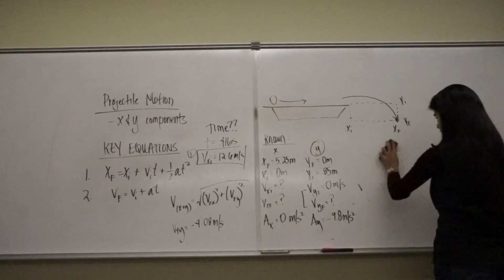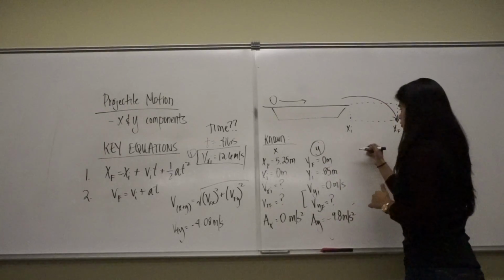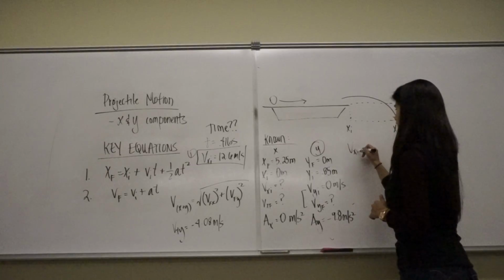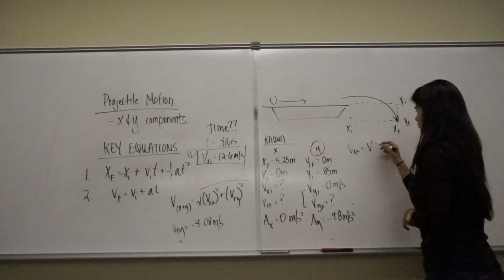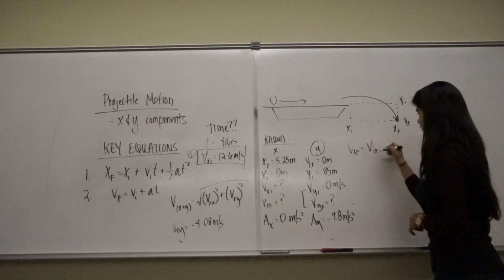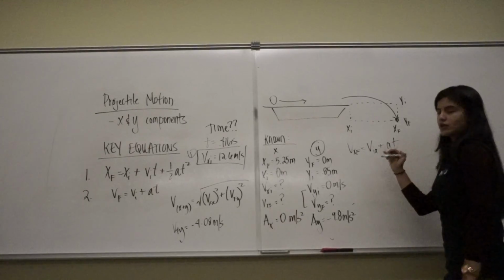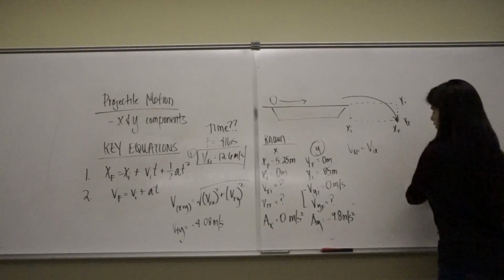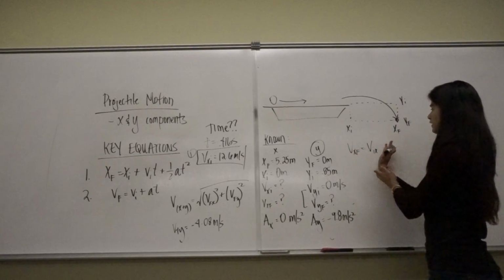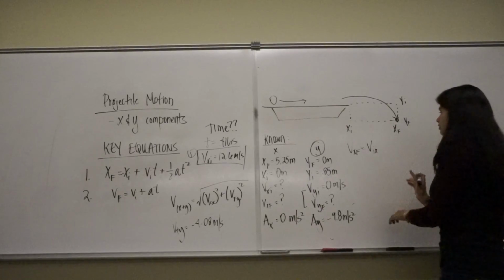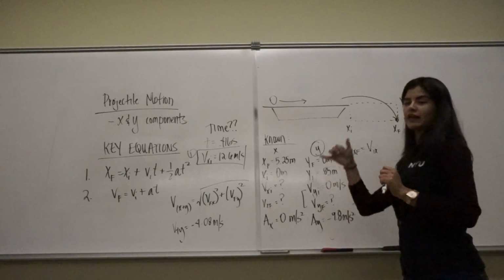Here's also the thing. We're going to do the same exact equation, but now in the x direction. So my v final in the x direction equals my v initial in the x direction plus at. There is no acceleration in the x direction, so this goes away. What that means is Vx final equals Vx initial, because you have a constant velocity in the x direction.